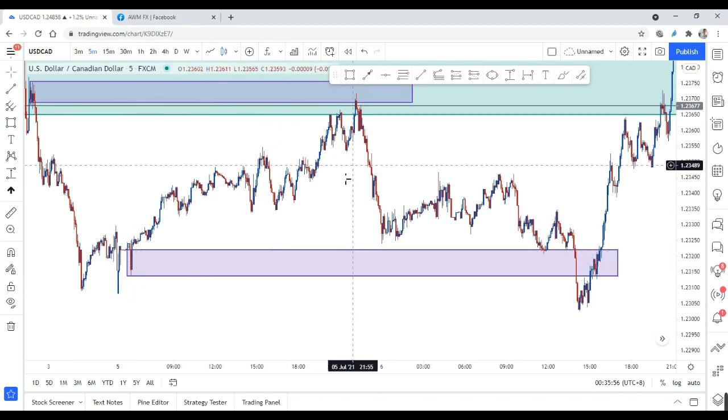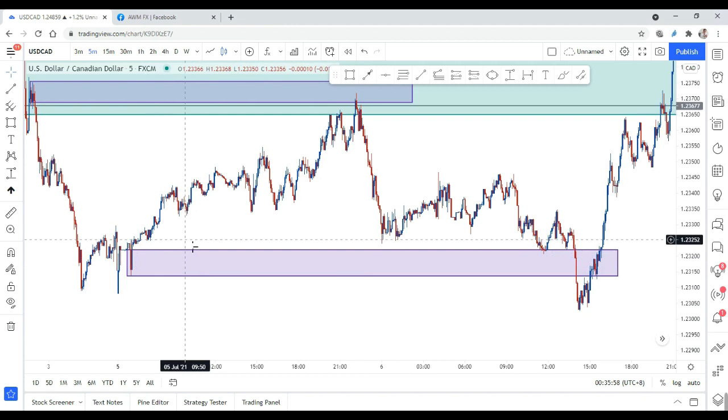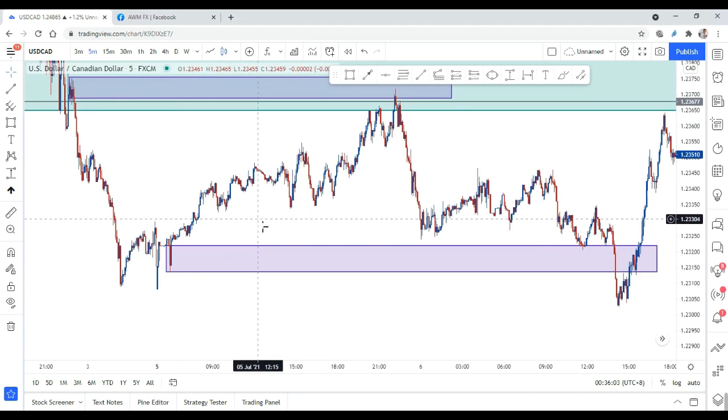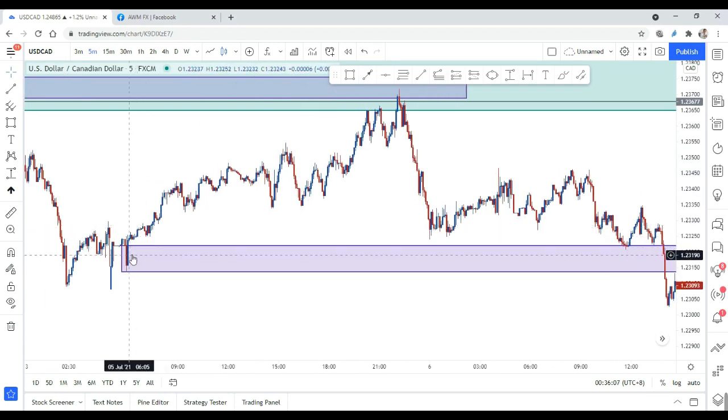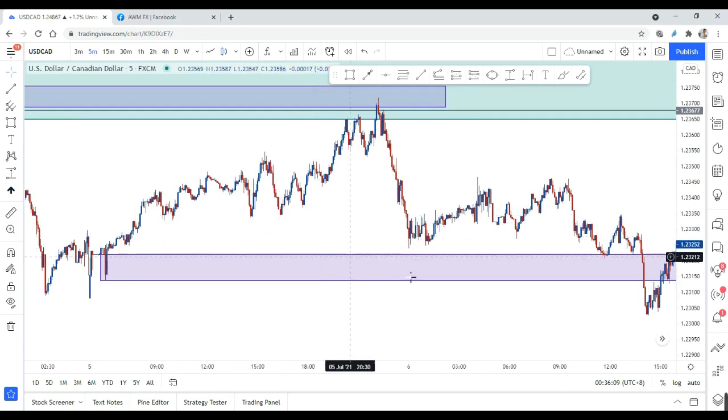First of all, we must know how to do our mapping. If you know how to do mapping, you can see which area is a more significant demand zone. Now we are talking about going up, so it's a demand zone. This is the only fresh demand zone, and it's a very significant demand zone over here.